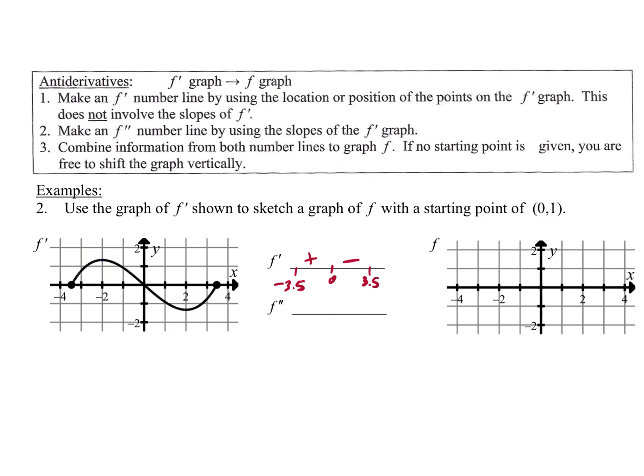Okay? I just put those in there. I don't know why I put those in there. They don't need to be there. Okay, so at -2 and 2, I have horizontal tangents. So those become the critical values for this. And what that's going to do is tell me the concavity.